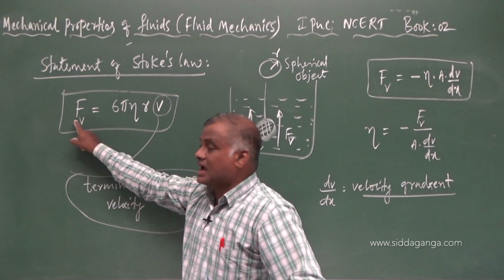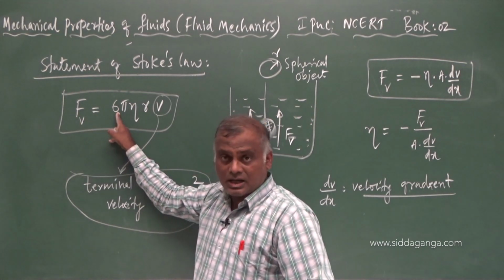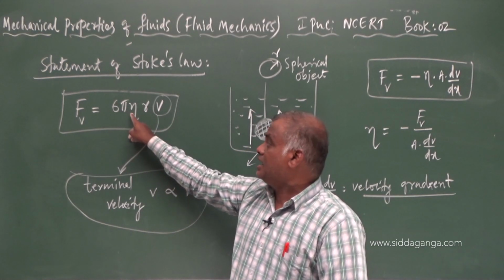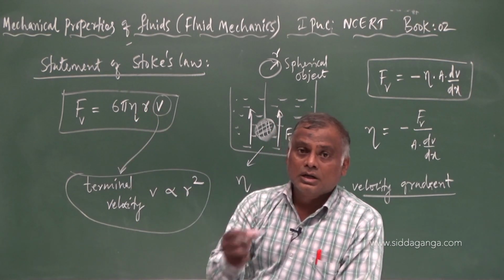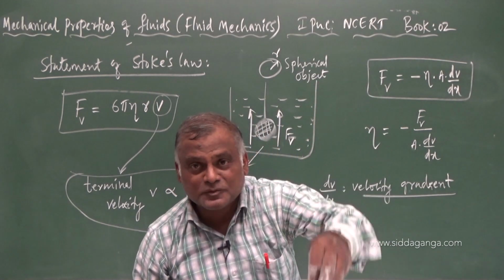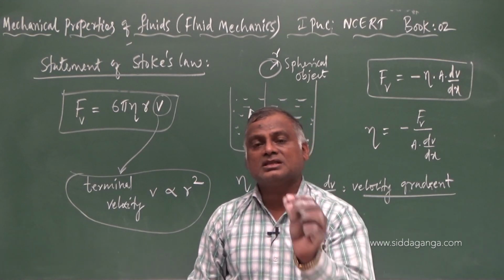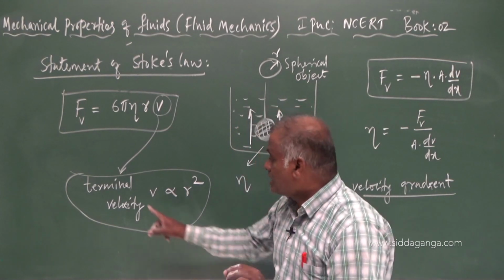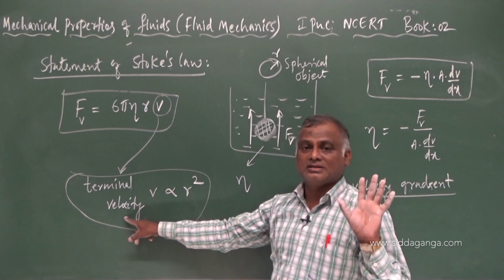That viscous force is given by the formula 6 pi eta r v, where eta is the coefficient of viscosity of the fluid through which the object is dropped, r is the radius of the spherical object, and v is the terminal velocity. Let us understand what this terminal velocity is.